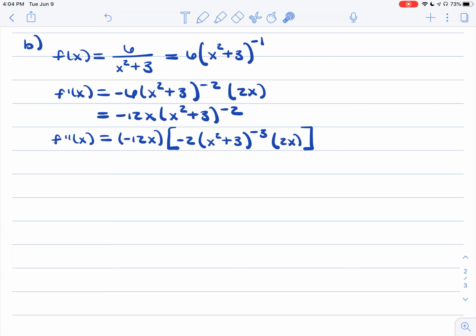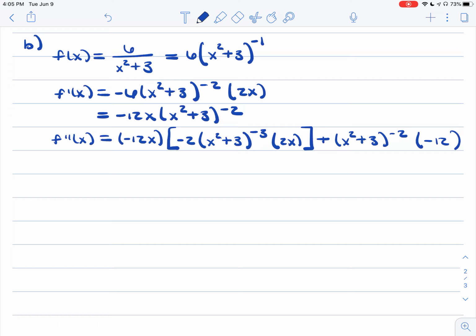Okay, so remember we're still thinking product rule, so that was the first function times the derivative of the second function, and then plus the second function times the derivative of the first, and that would just be a -12.